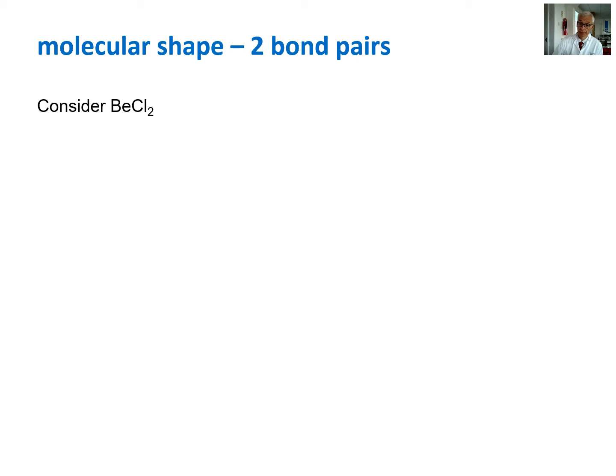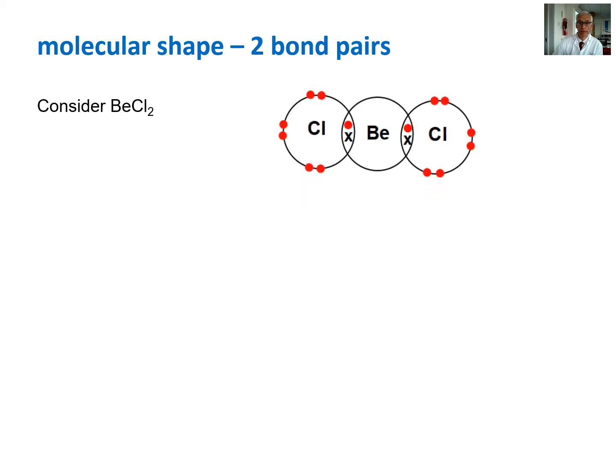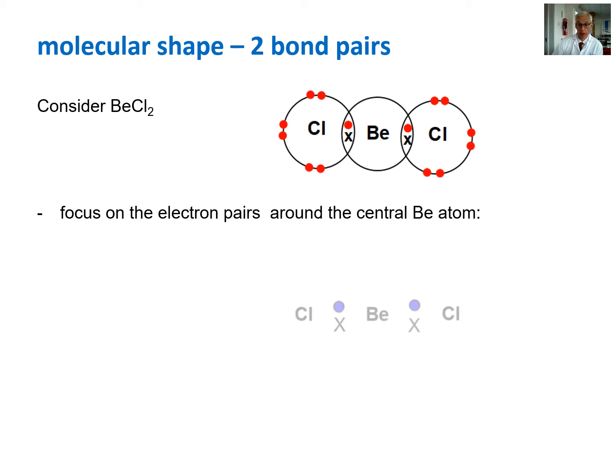Okay, so moving on, there is our dot and cross diagram. What we're principally interested in is the electron pairs around the central beryllium atom. So I'm just going to focus on those just for the purposes of this slide.